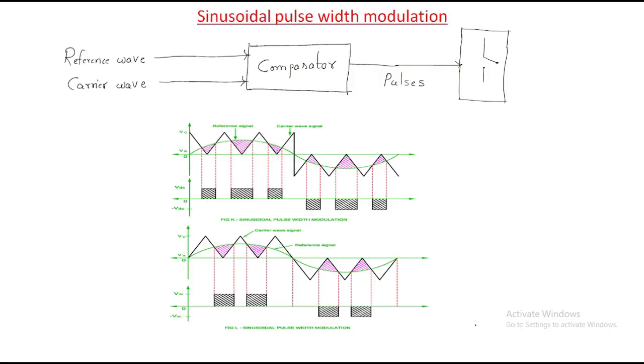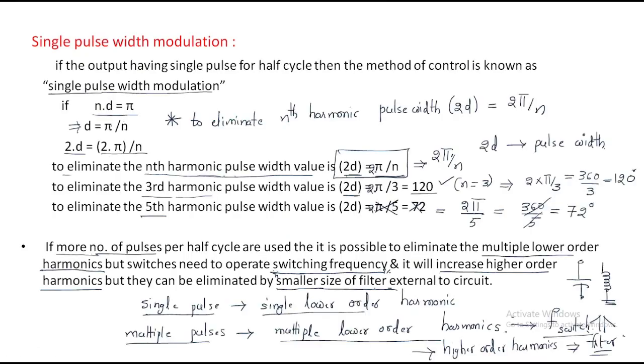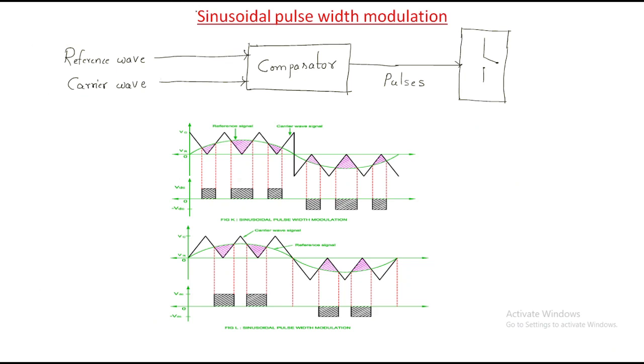Right. Up to now we discussed the single pulse and multiple pulse. In multiple pulse, sinusoidal pulse width modulation is one of the important techniques. That means we are converting a sinusoidal wave into pulses.